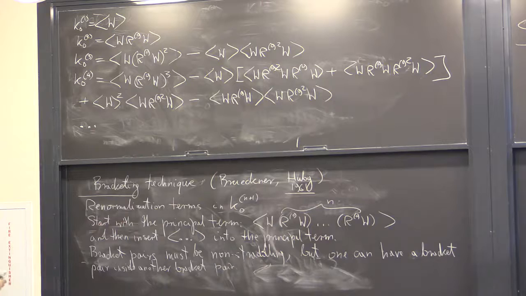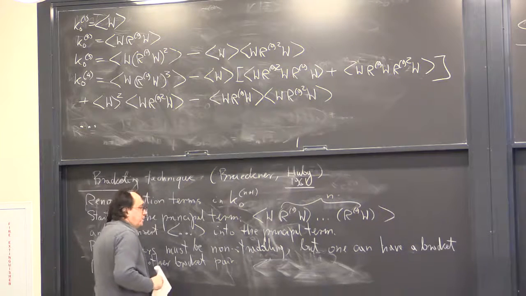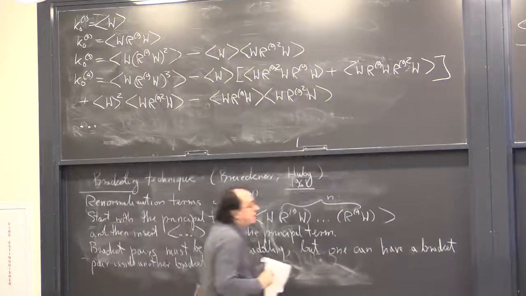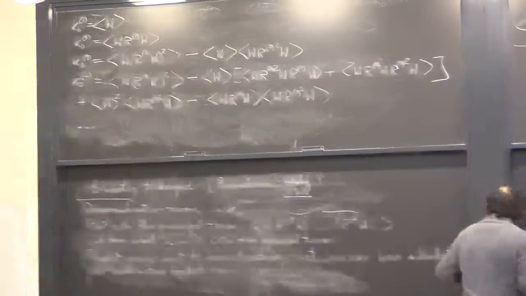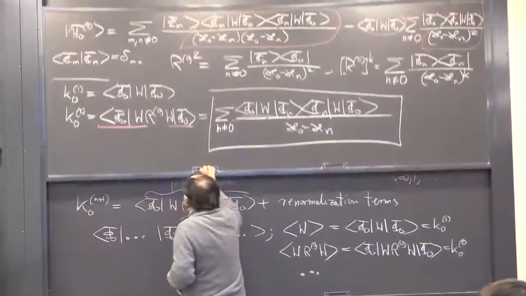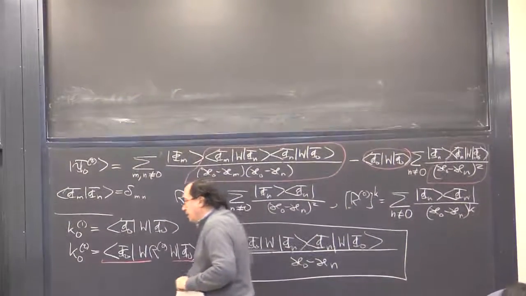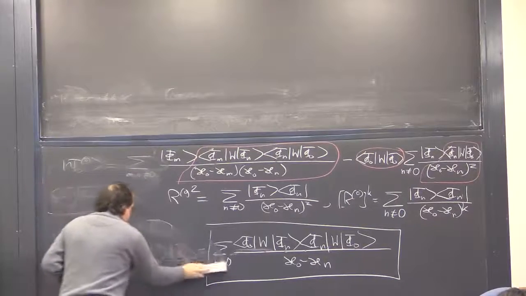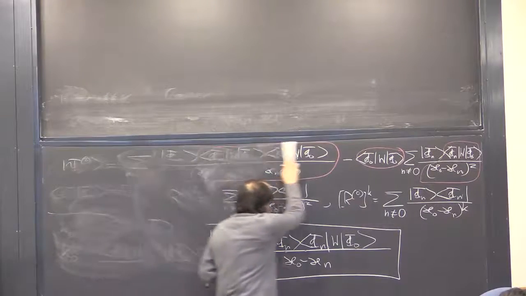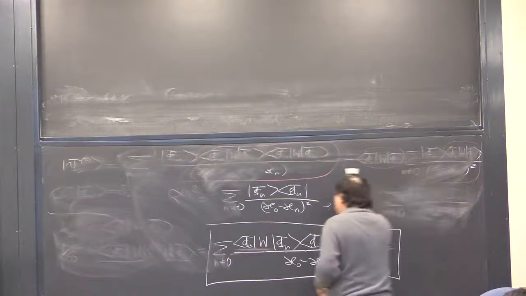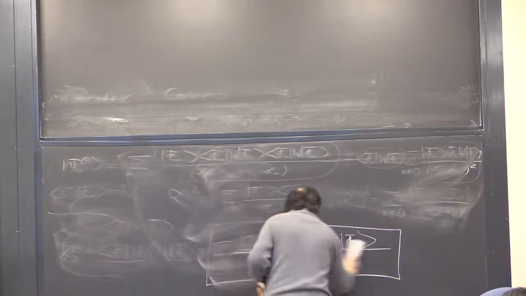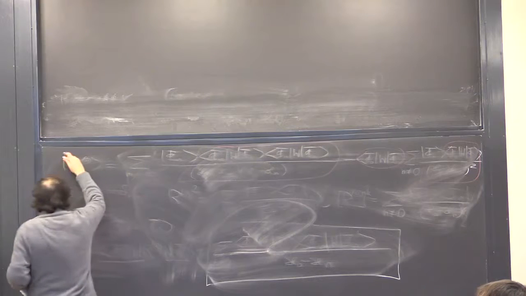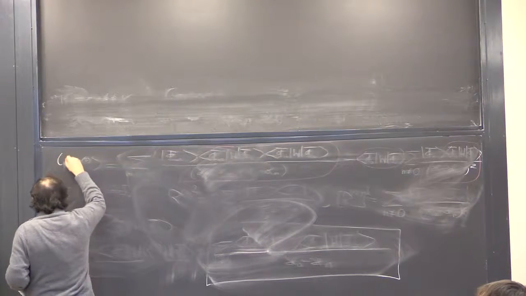But that's not everything. What we're going to be doing is, maybe I'll still keep these expressions. We'll be inserting these non-straddling bracket pairs into the principal term, and these inserted brackets have to follow the following three additional rules. I'll write them as rules 1 through 3.